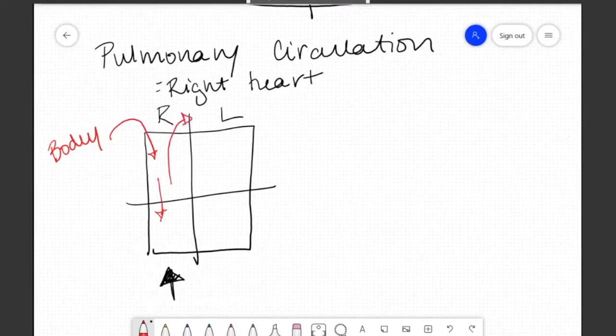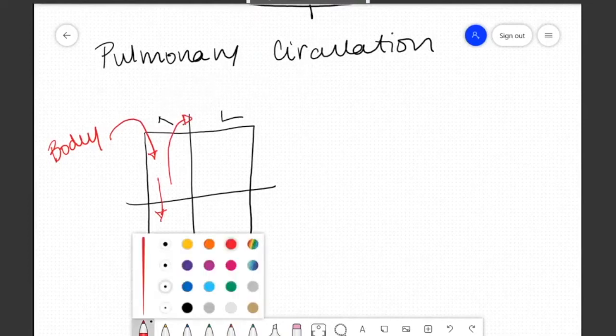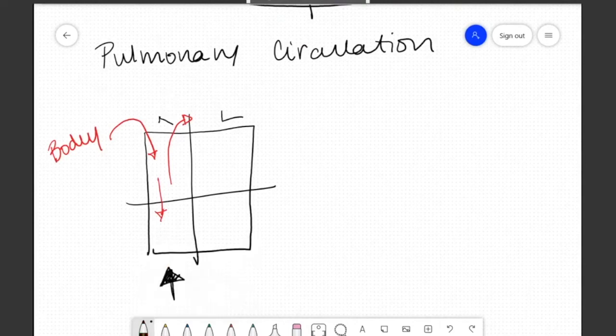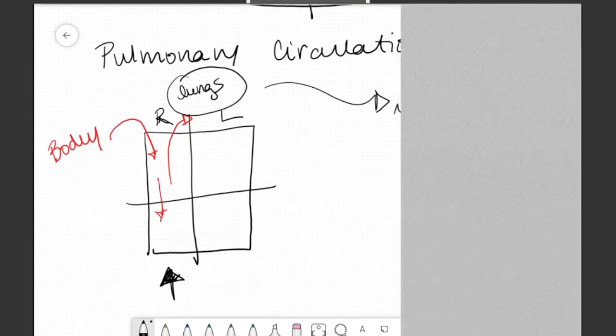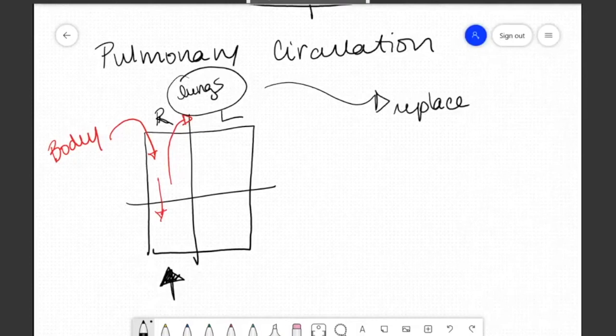But technically what it is doing as part of this right heart, this pulmonary means lungs, this will actually head to the lungs. And as it goes to the lungs, what this process will actually do is replace the oxygen on your blood. So your blood is carrying CO2 and it will convert that CO2 into O2.